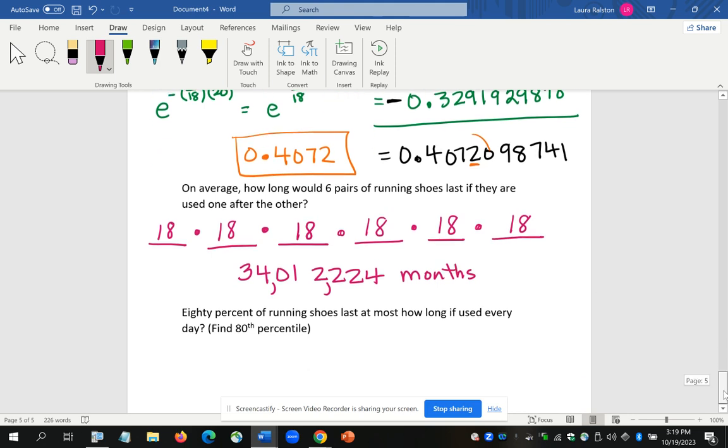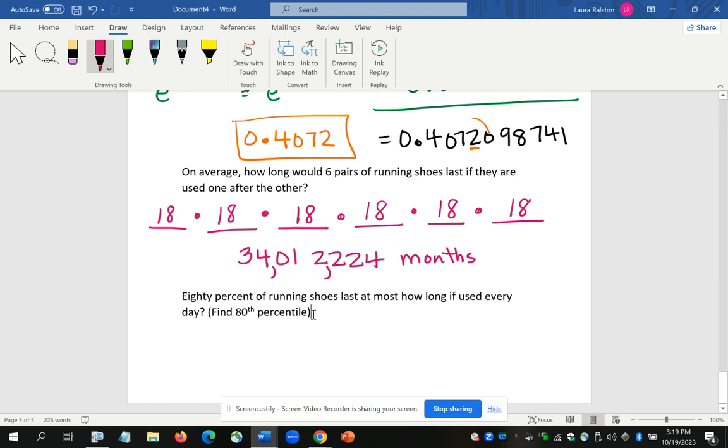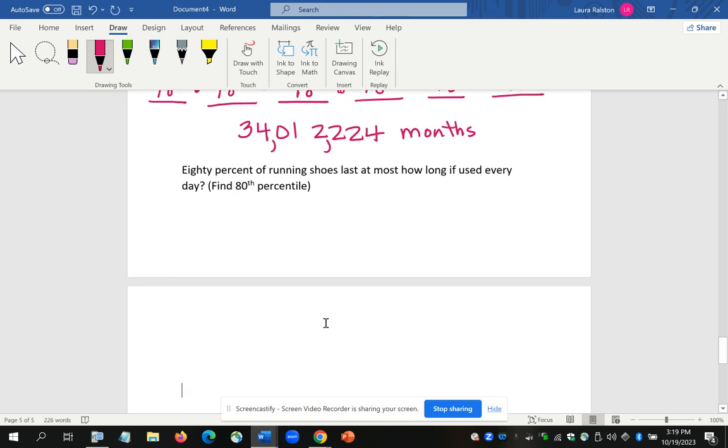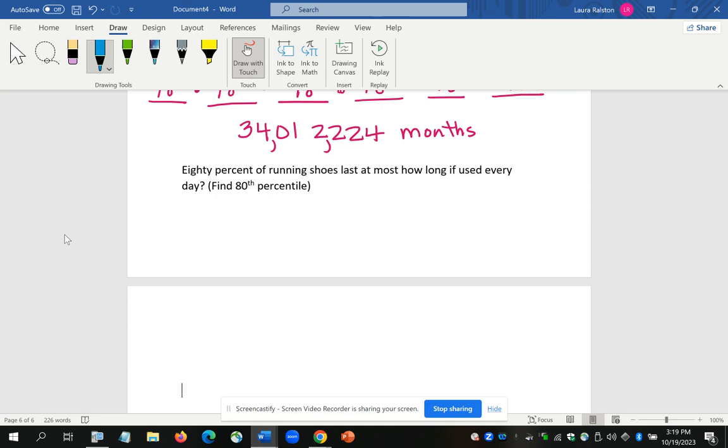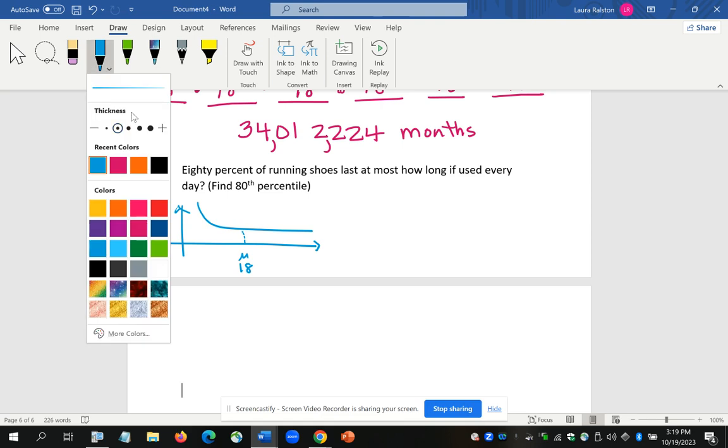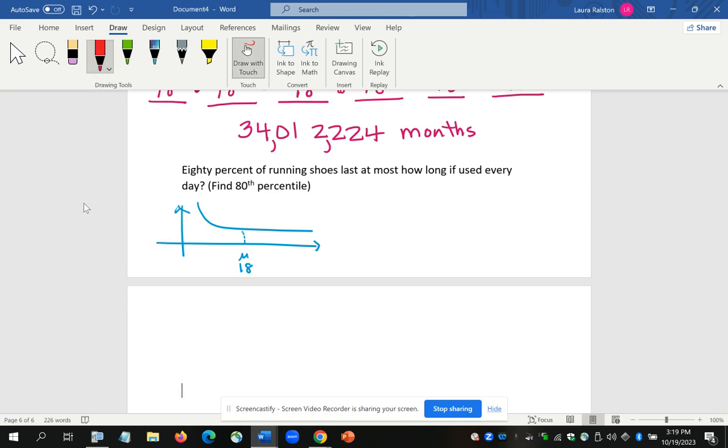All right, and then the last one here says 80% of running shoes last at most how long if used every day? So, what's typical? Again, they're asking you to find the 80th percentile. So visually, if you have your exponential distribution, and we know that our mean is 18, and we want to know the 80th percentile.